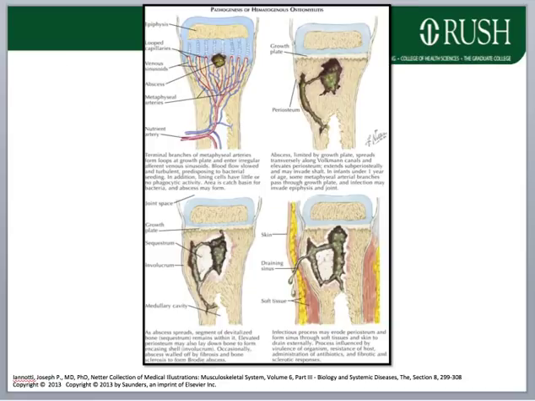This slide outlines the pathogenesis of hematogenous osteomyelitis, and note that the infection is frequently localized to the metaphysis, where you have the richest termination of blood flow at the growth plate of growing bone.